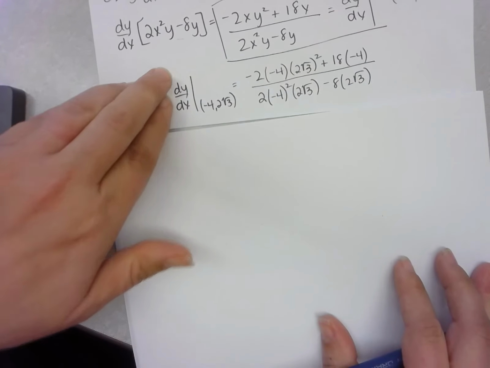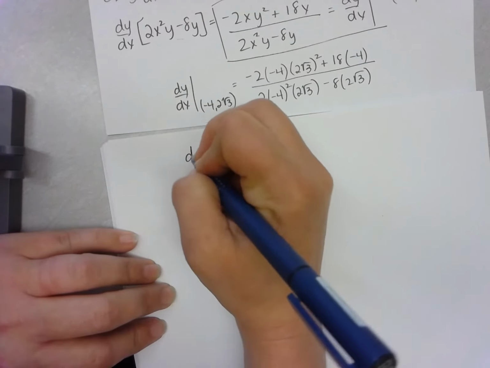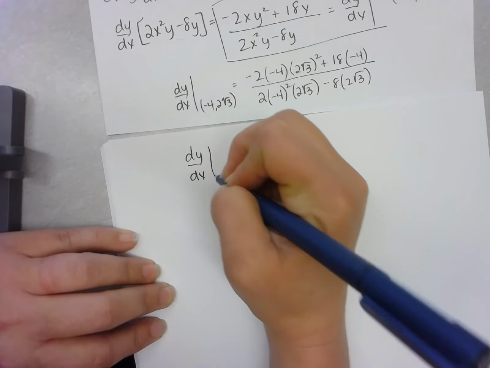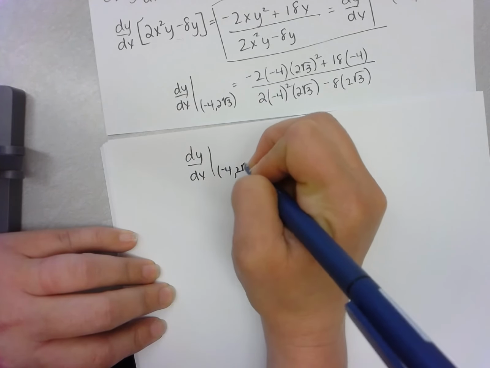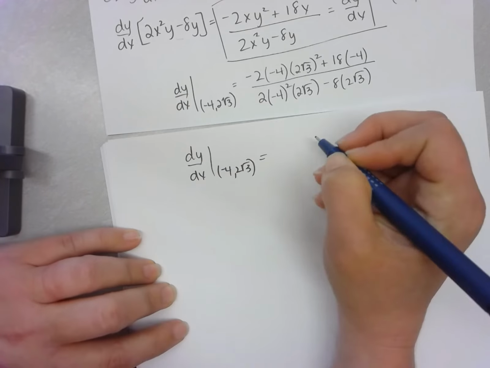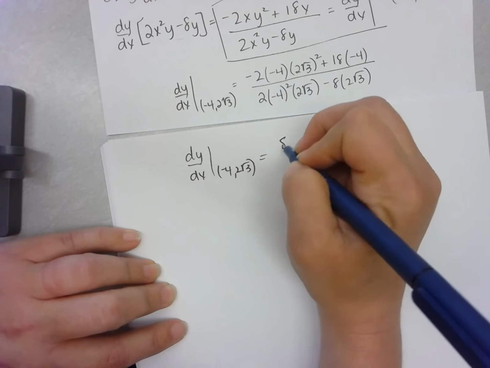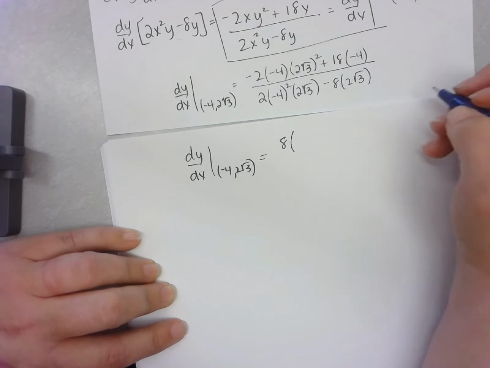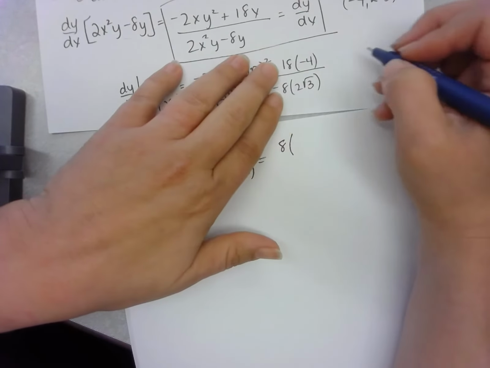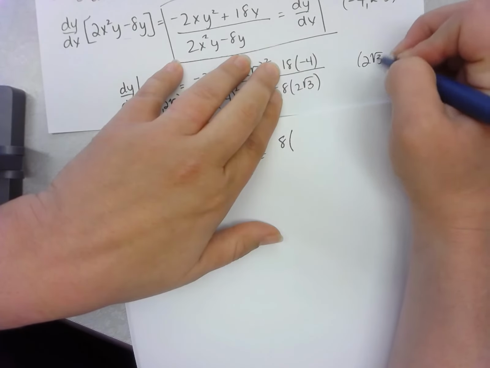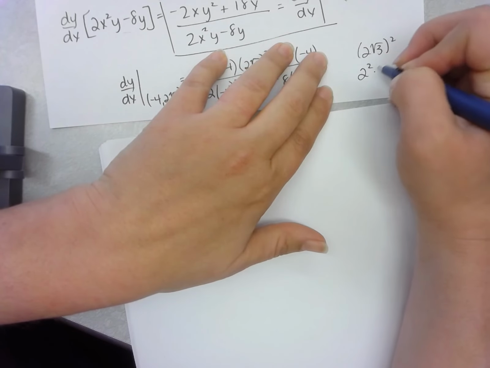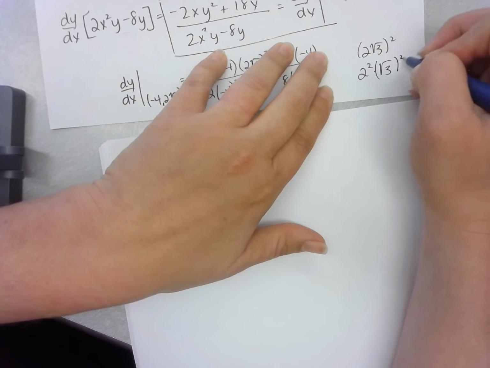Okay, so my dy/dx at (-4, 2 radical 3) is equal to, okay, so I can multiply the negative 2 times the negative 4 and get 8, and then 2 radical 3 squared, I'm going to write this over here. If I have 2 radical 3 squared, this is like 2 squared times radical 3 squared.